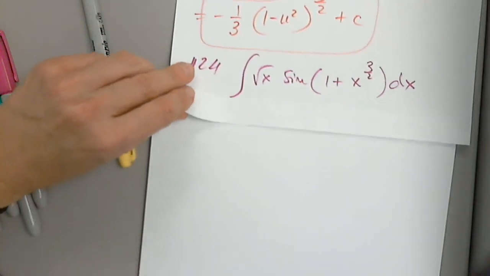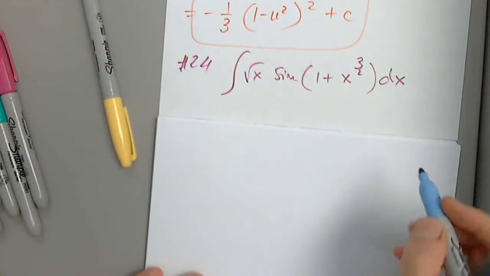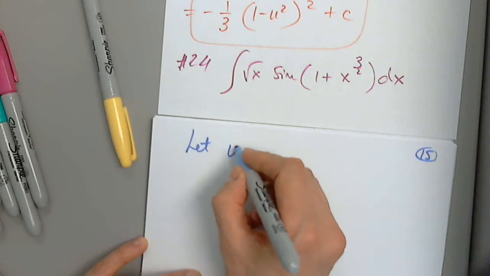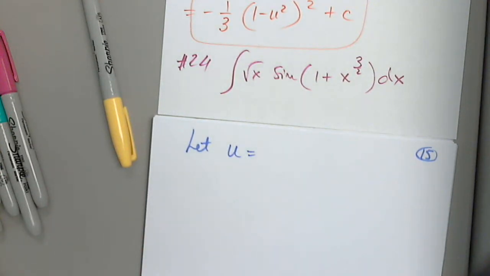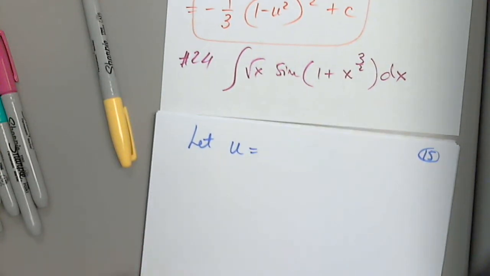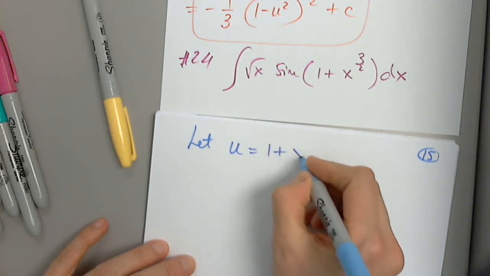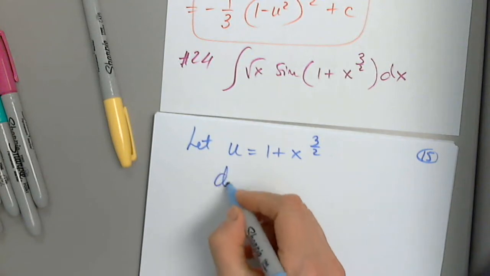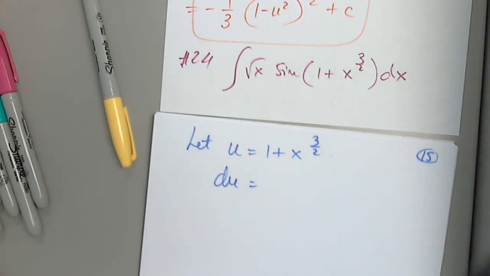So what do you think we should denote by u? Any letter you want except x. Let u be, what would you like to see disappearing? 1 plus x to 3/2. Yes, I would love to see this disappearing. But again, the problem relies on the existence of du. If du does not exist or is difficult to create, then I'll be in trouble.